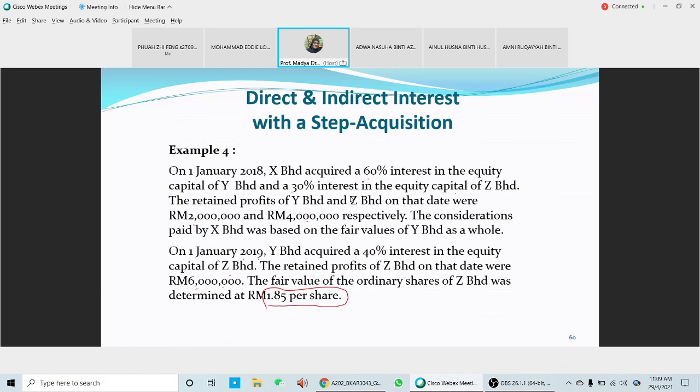Okay, so if you want to find the value of Y, you need to look at the investment that you have in Y. So investment in Y here is 7.8 divided by 60% to find the value here. 7,800 divided by 0.6, so you're going to have 13 million.